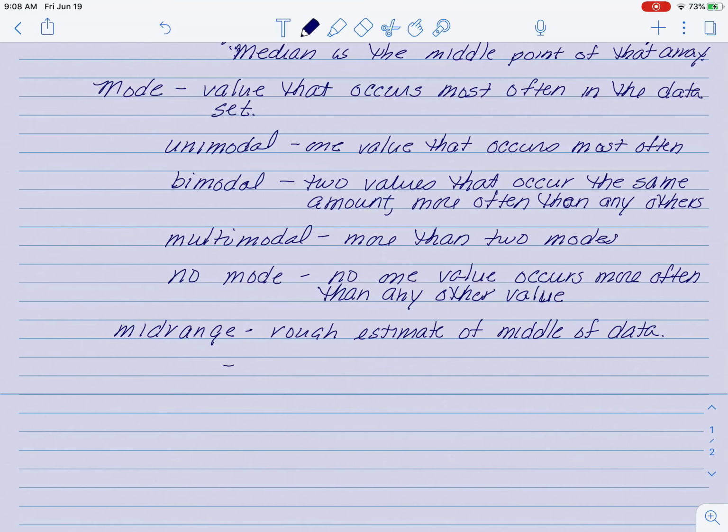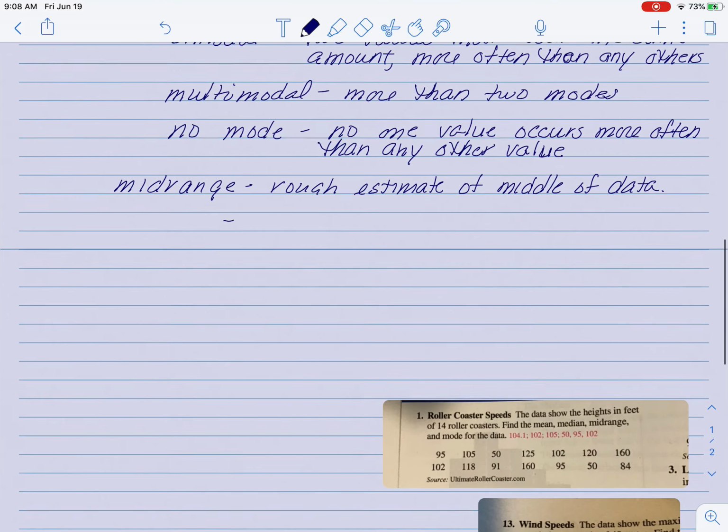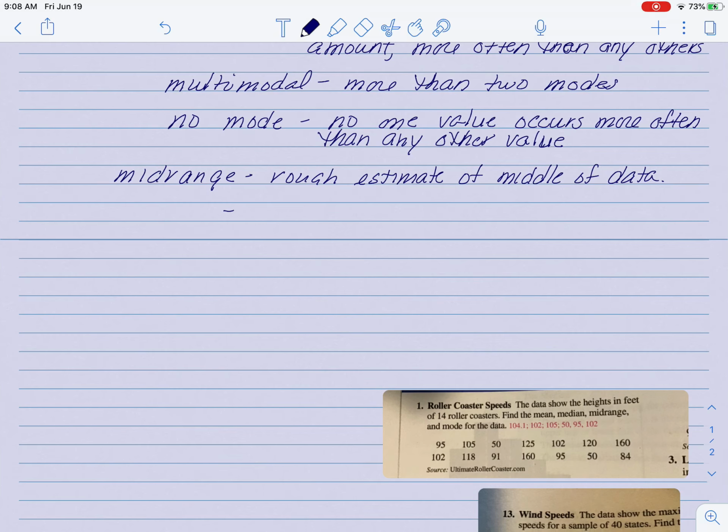It's the sum of the lowest value and the highest value divided by 2. Okay, so it's the average of the highest and the lowest value.